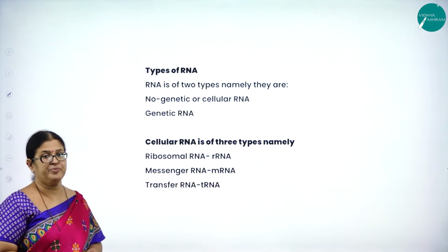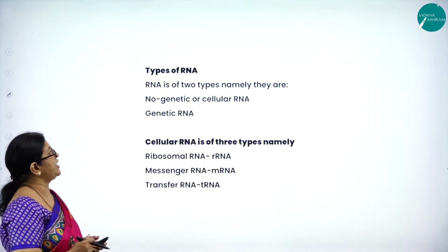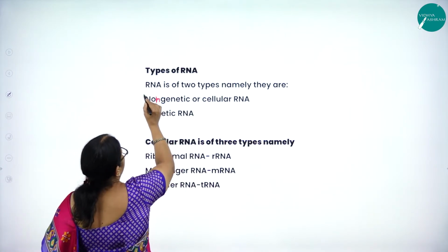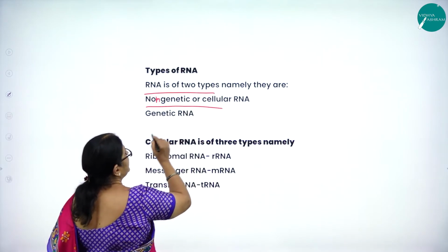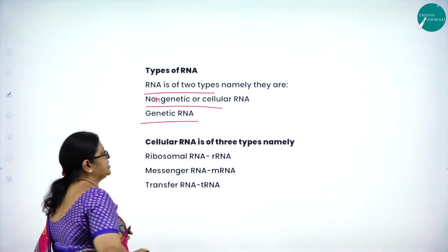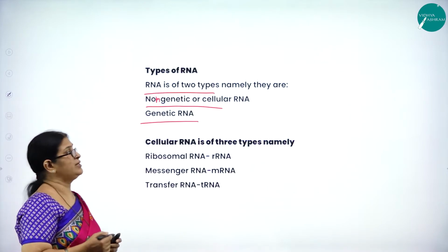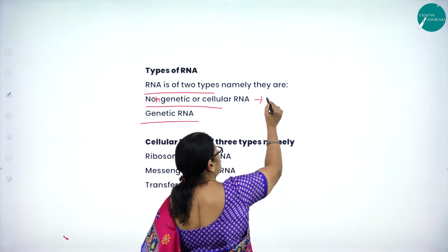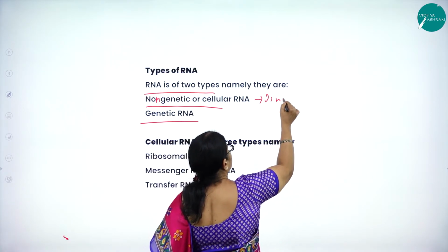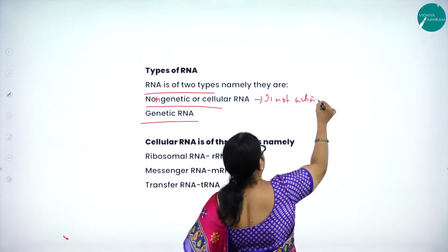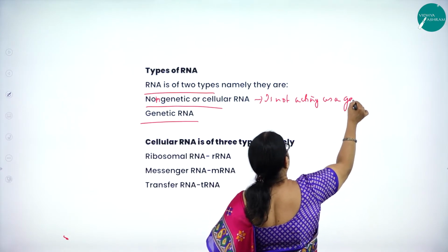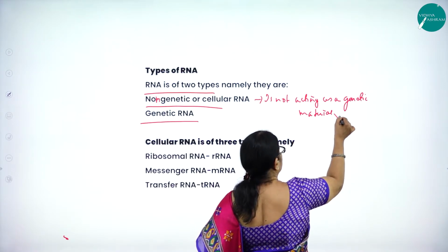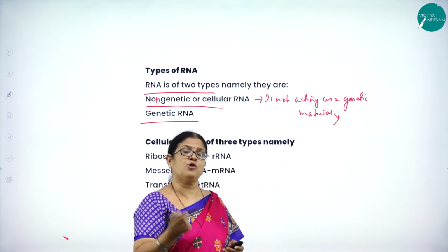Types of RNA. There are 2 types of RNA we come across: non-genetic RNA or cellular RNA, and genetic RNA. As I already said, non-genetic RNA means when it is not acting as a genetic material. Then what is its role?